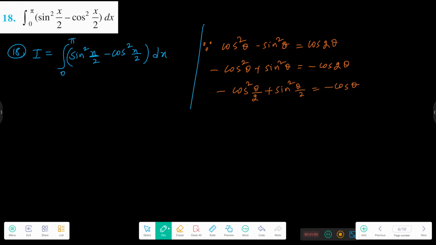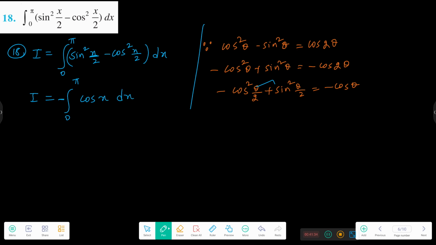So instead of this whole expression we can write minus cos theta. So 0 to pi, instead of theta we have x, minus cos x into dx.